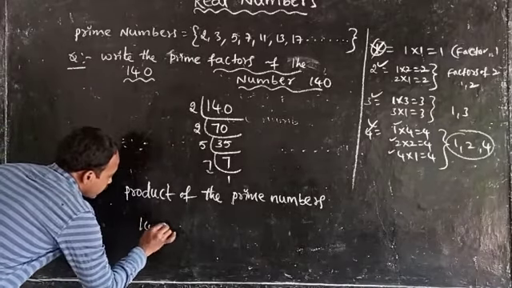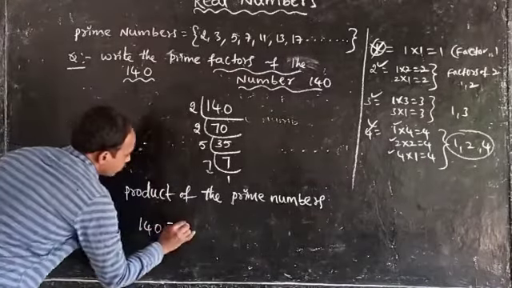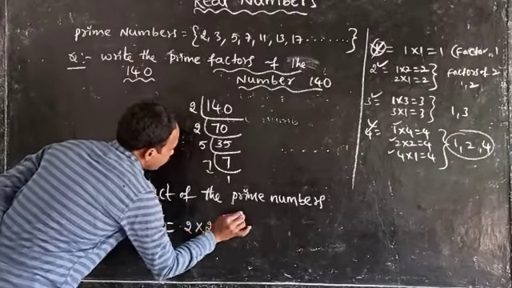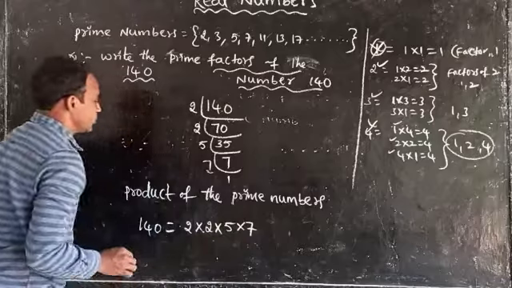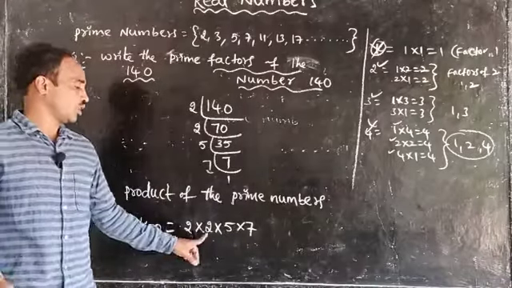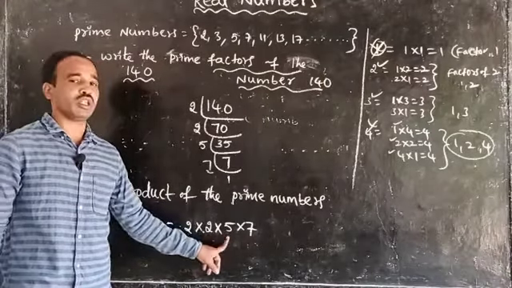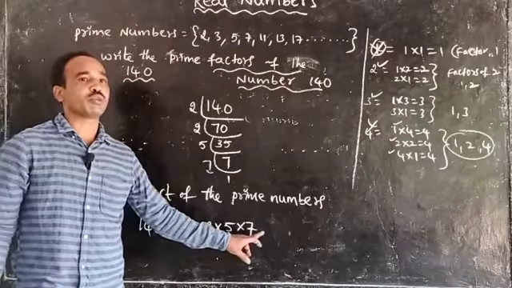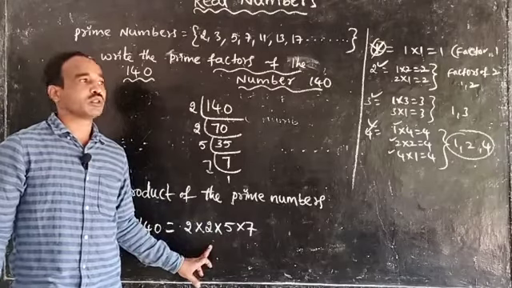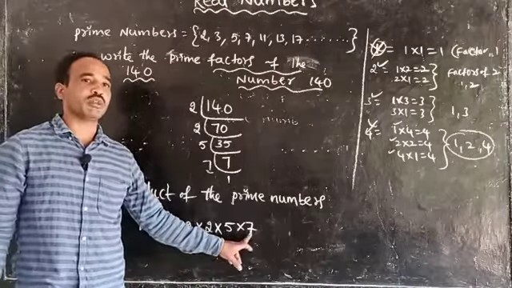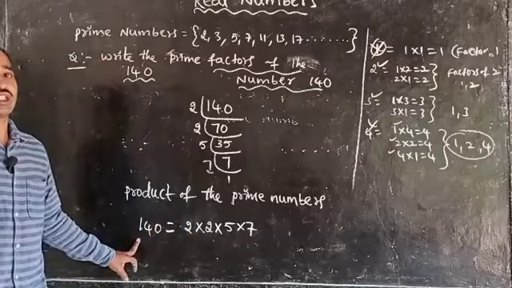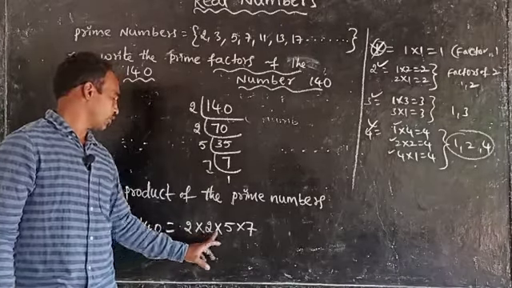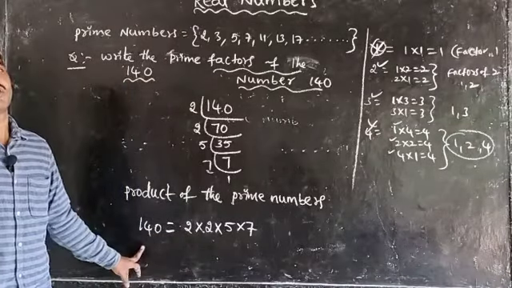So 140 is equal to 2 into 2 into 5 into 7. 2 twos are 4, 4 fives are 20, 20 sevens are 140. All these numbers are prime numbers. If we multiply these prime numbers, we will get 140.